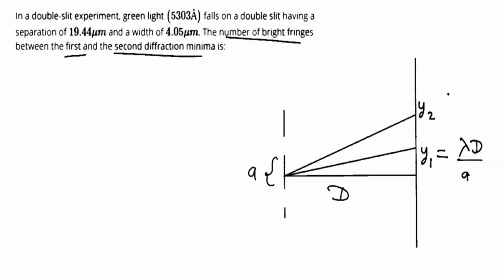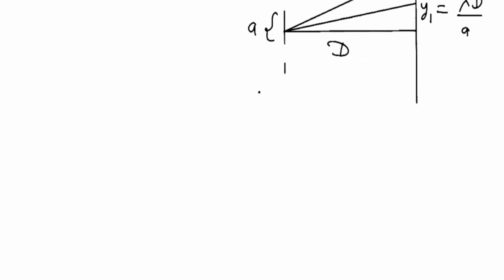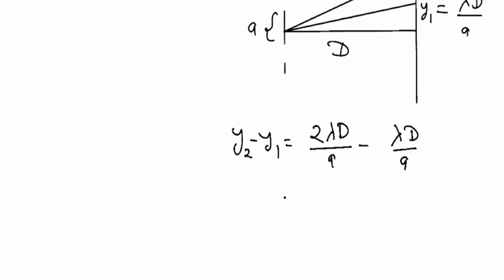For this we can write y2 equal to 2 lambda D by a. So y2 minus y1 equals 2 lambda D by a minus lambda D by a, and this will be equal to lambda D by a.